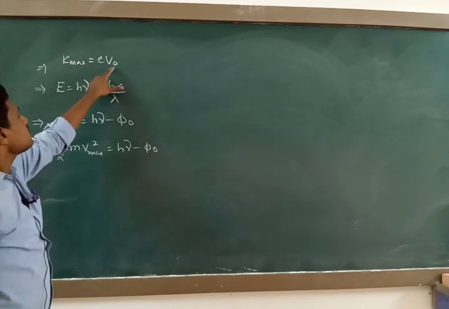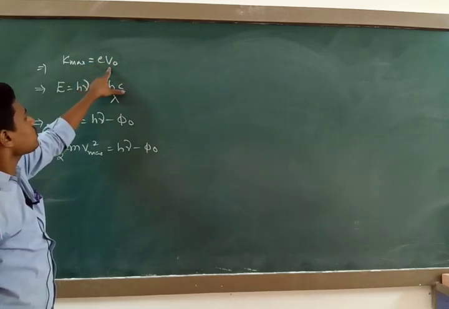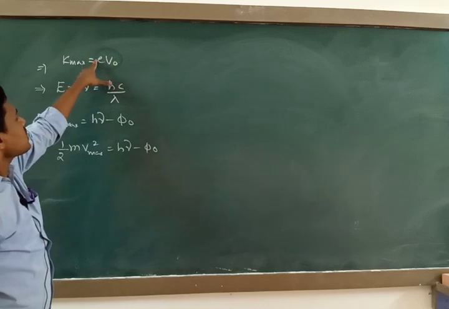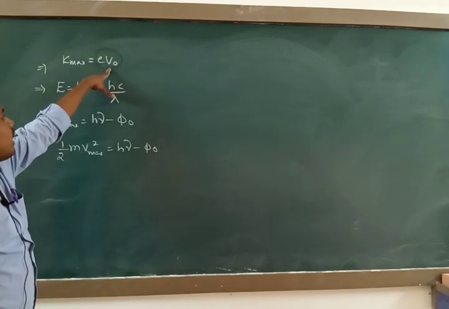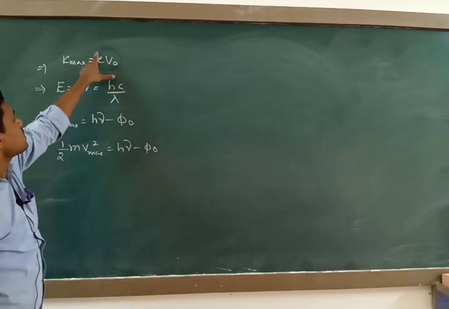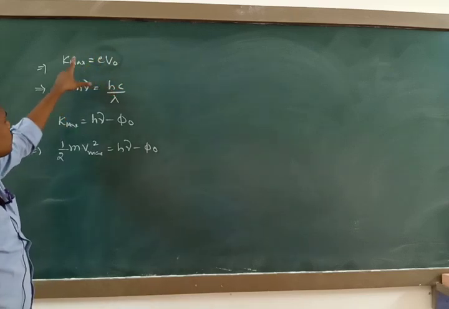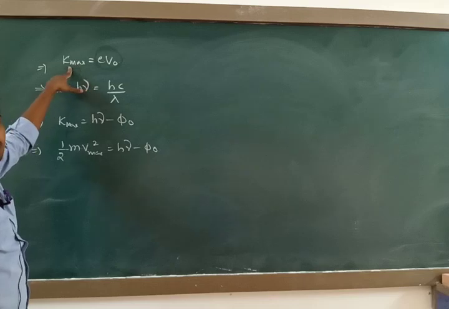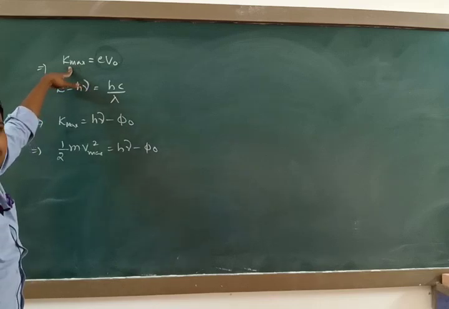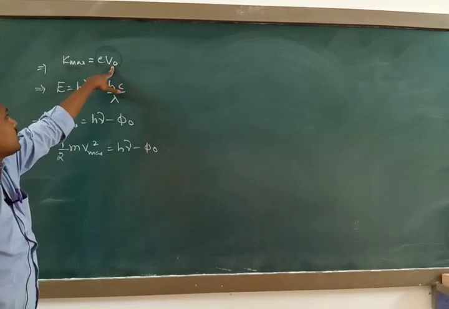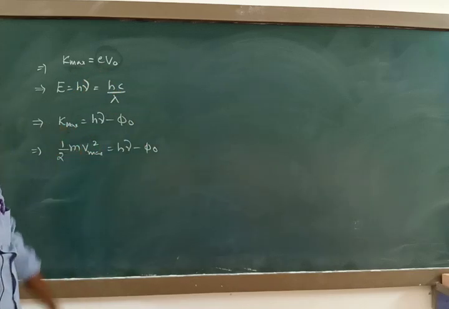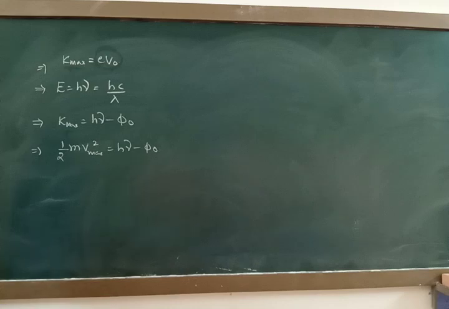So this eV naught is nothing but the electrostatic potential energy associated with the electron corresponding to the potential V naught, and they are going to lose this, and this will cause them to gain the maximum kinetic energy under the stopping potential. Because under the stopping potential the complete electrons get repelled from the collector plate, thereby the photoelectric current becomes 0.